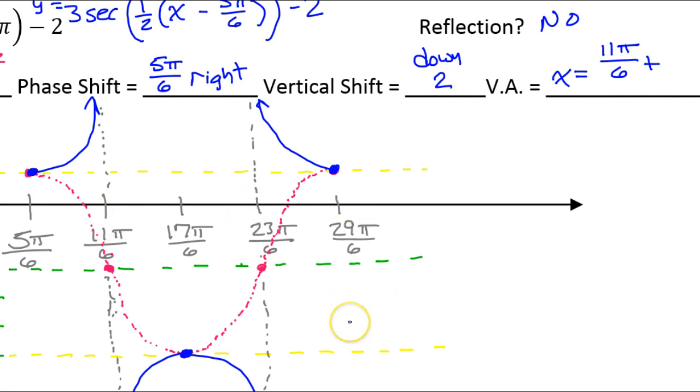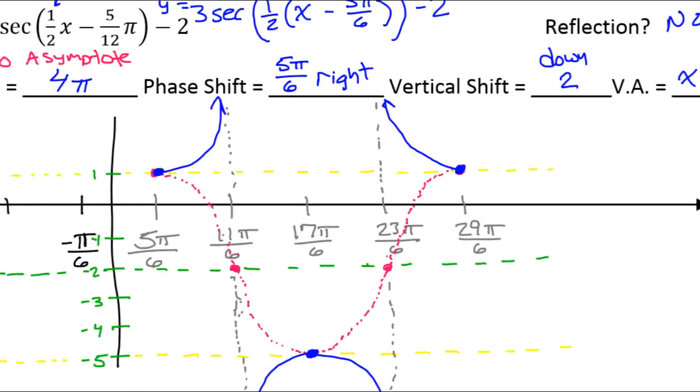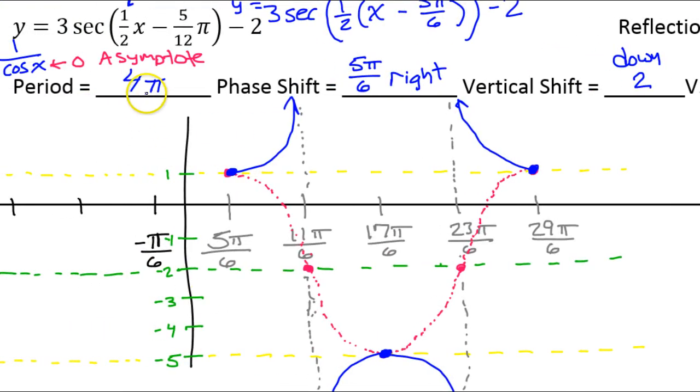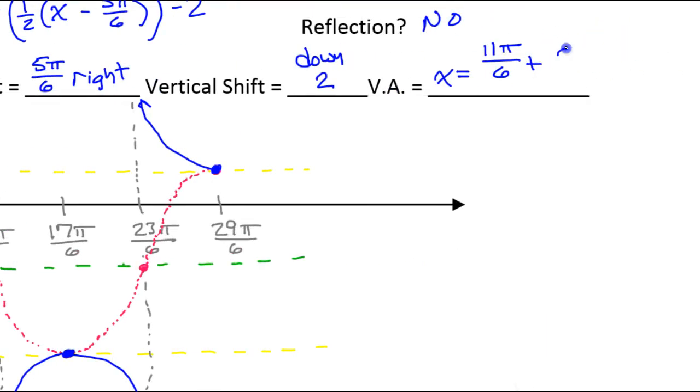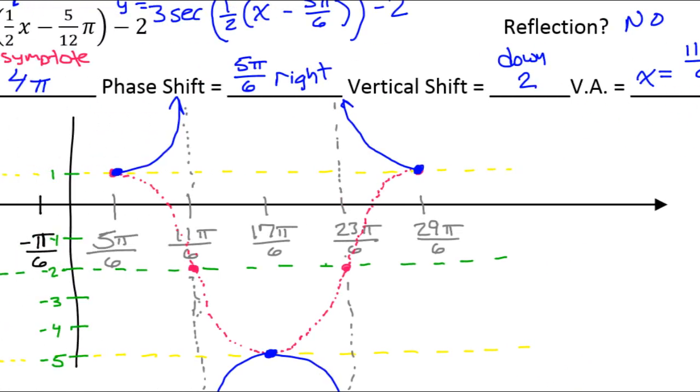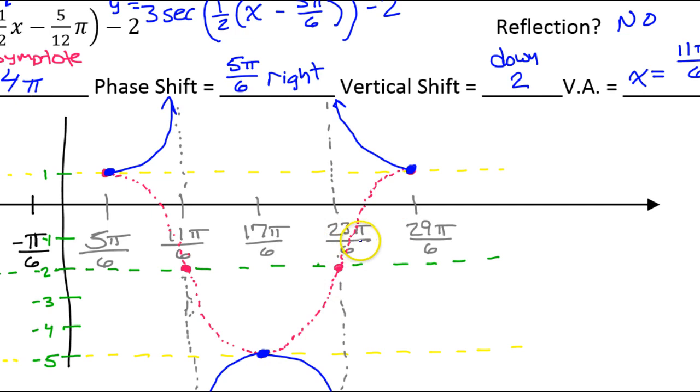So wait a minute, what was the period again? Oh yeah, that's right. The period was 4 pi. So half of the period would be 2 pi. That's why I'm going to add 2 pi, and I'm going to put an n on there as a multiplier to represent the infinitely many asymptotes that are coming.